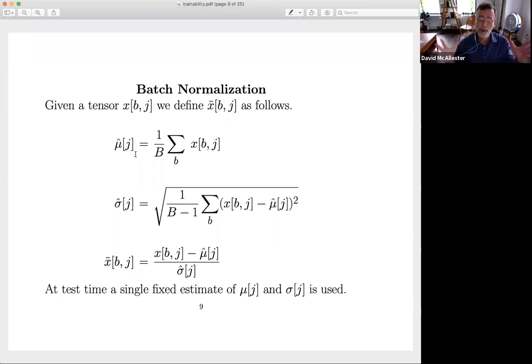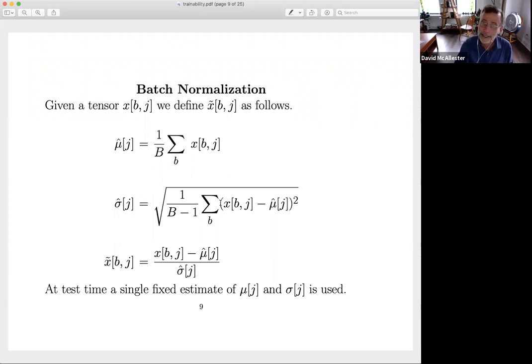Remember we're running with these batches, so in a batch I've got a bunch of different examples of this neuron, and I can compute the average over the batch of what's coming into that neuron. That's a mean for this input.